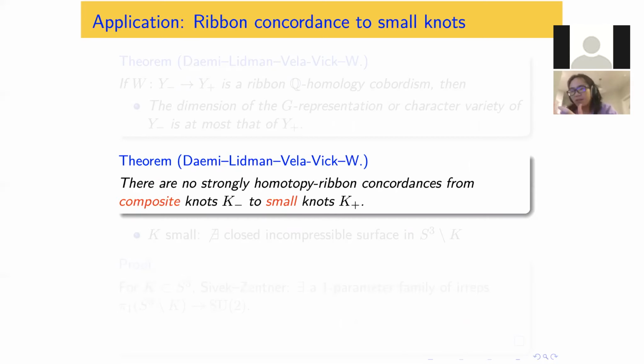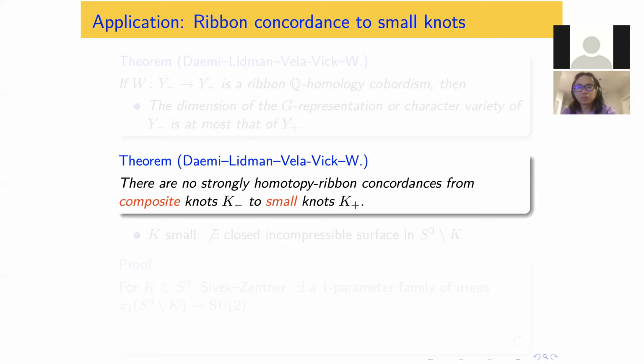One way to think about this is that small knots have fundamental groups associated to their exteriors being small, so to speak, and composite knots have sort of larger pi1s associated. And so you cannot go from a larger pi1 to a smaller pi1 under a ribbon homology cobordism.